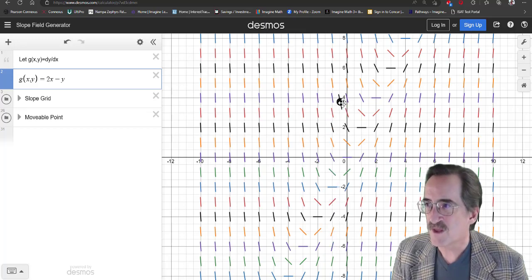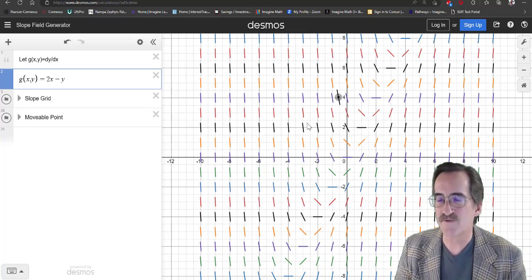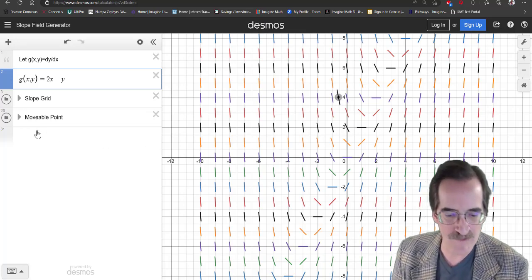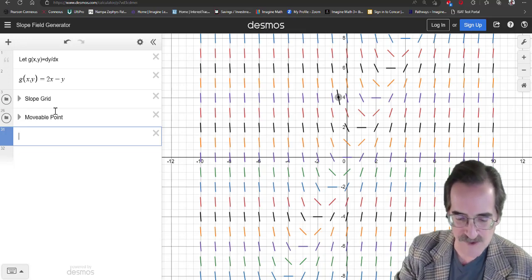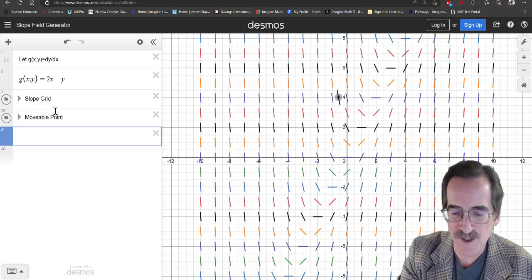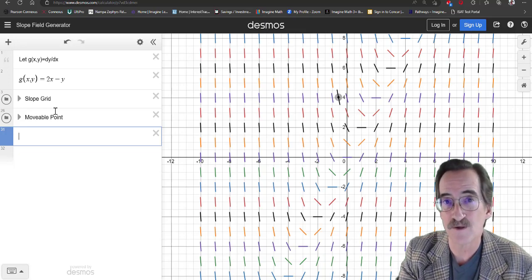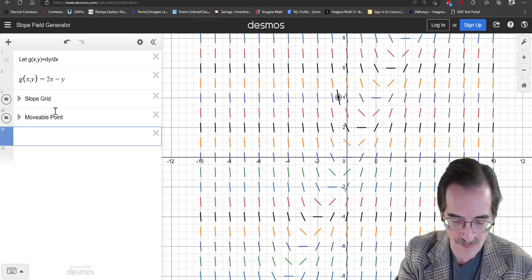Okay? Now, we can find specific values, and I'm not going to get into the mathematics of it. This is a linear differential equation, and there's a technique for solving linear equations that we're not going to learn in this course. You take your Intro to Differential Equations course to do that.